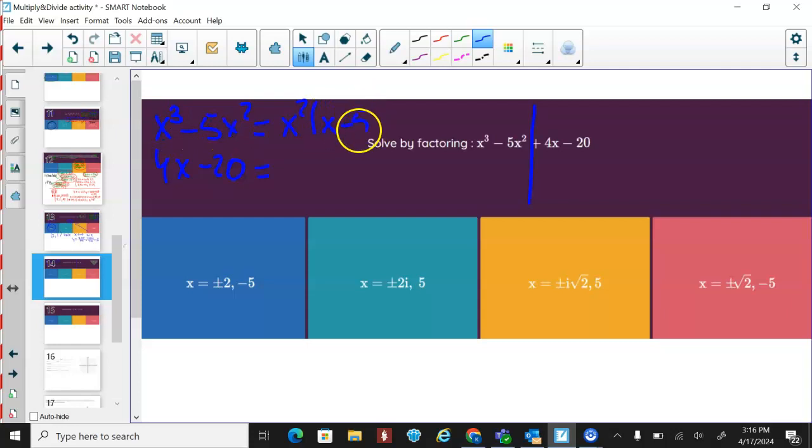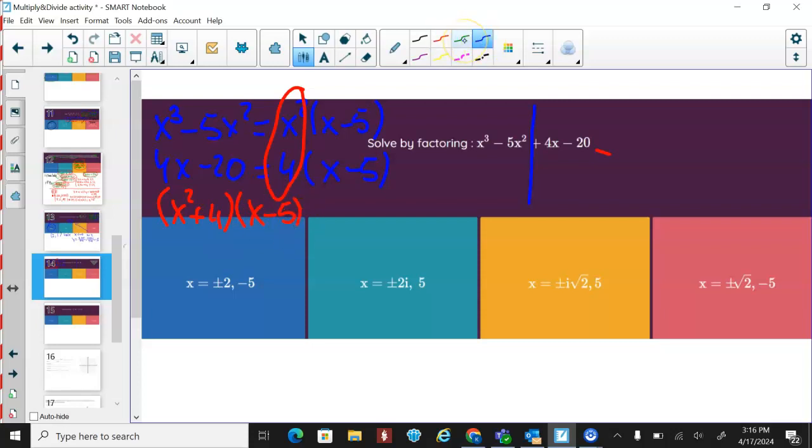What's left is x minus 5. On the bottom, we can take a 4 out of both, so divide both of the terms by 4. That leaves me with x minus 5. Now, you do want these two to be repeated. If they're not repeated, it means you're doing something wrong. Now, we're going to take these together. So this is going to be x squared plus 4 in one parentheses, and then the repeated factor one time.